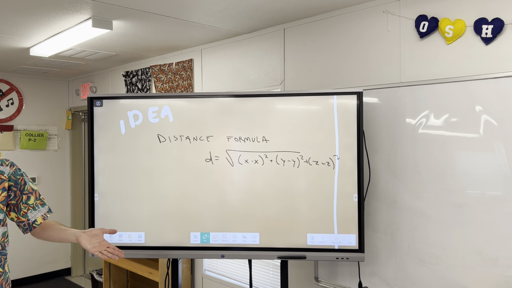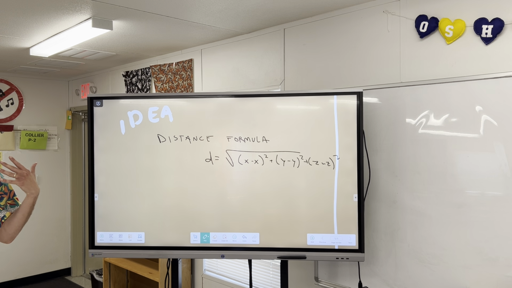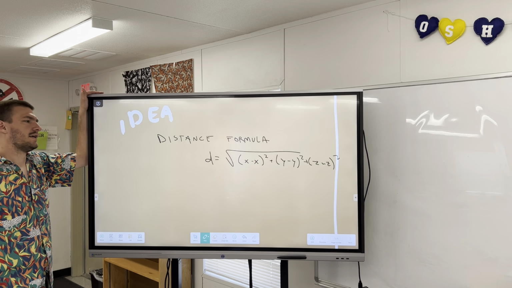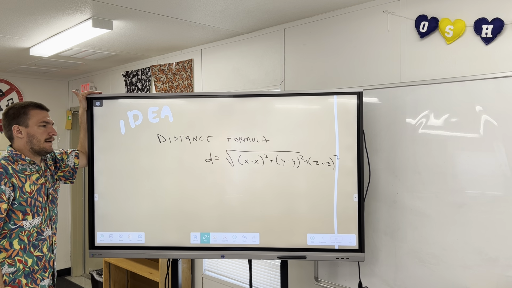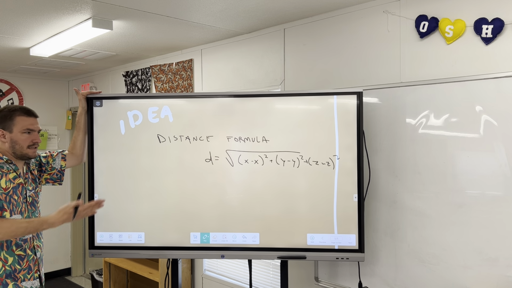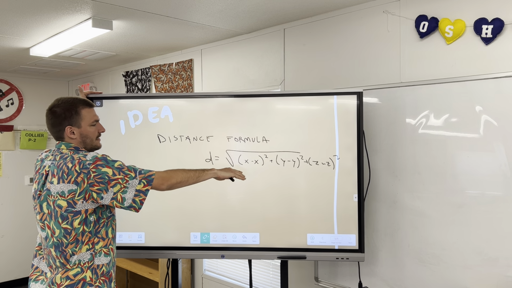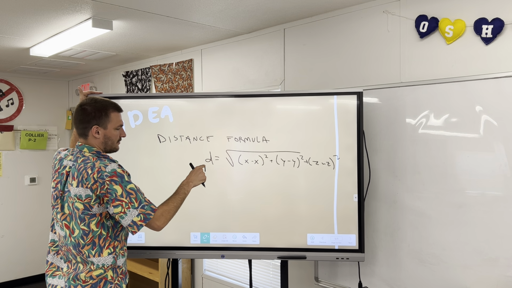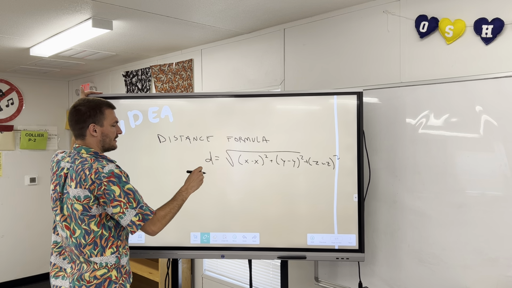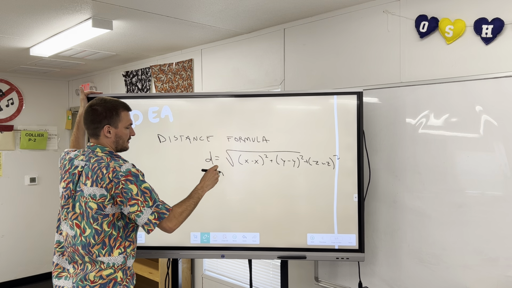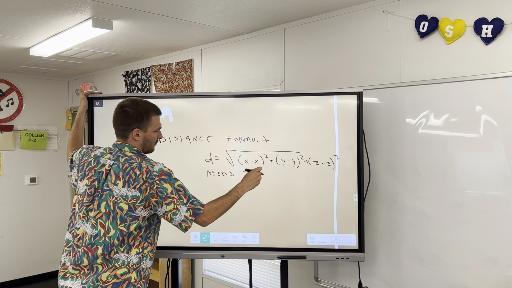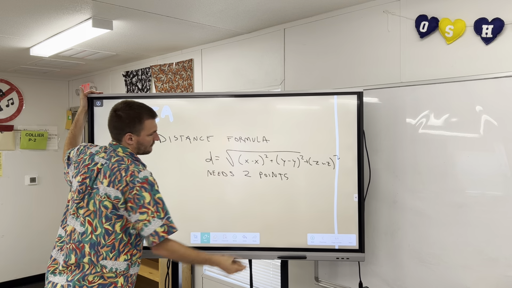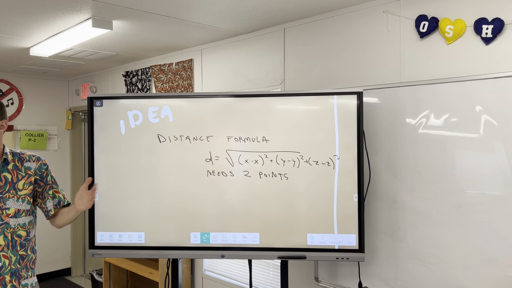Distance formula is probably going to be pretty good if we're asking about the distance between two things. But the distance between what? Because this distance needs 2 points, right? We can't do it with the distance in a line.